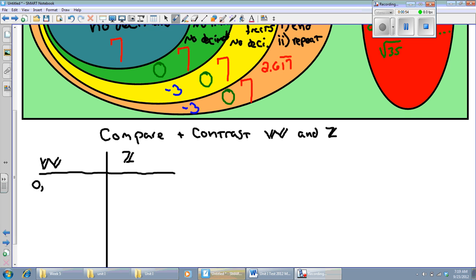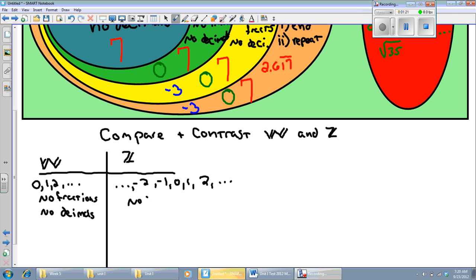Whole numbers go 0, 1, 2, on forever. No fractions. No decimals. Okay, and then the integers, they go like this, -2, -1, 0, 1, 2, and again, no fractions.